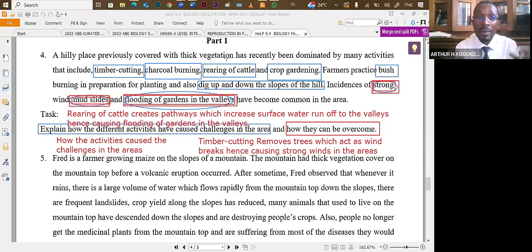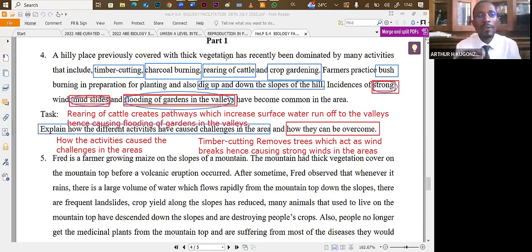But however, the most appropriate would be that digging up and down the hill loosens the surface soil, hence increasing incidences of mudslides whenever it rains. And remember, there is a difference between mudslides and landslides.